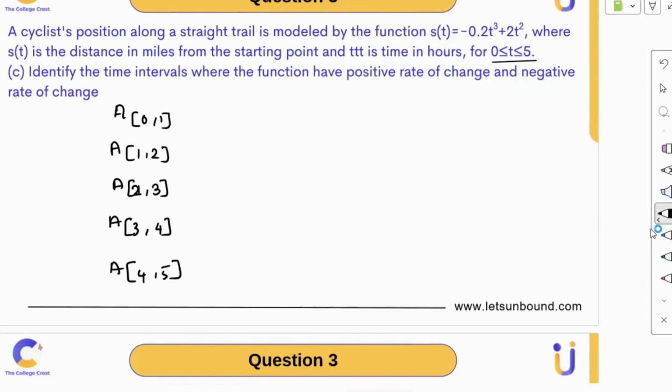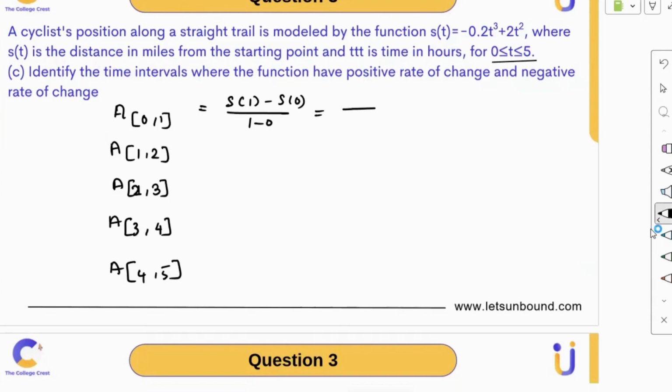What if it's without a calculator? So here, we need to find what s is at these times. The average rate of change from 0 to 1 is s of 1 minus s of 0, divided by 1 minus 0. You need to plug in s of 1, s of 0, everything.